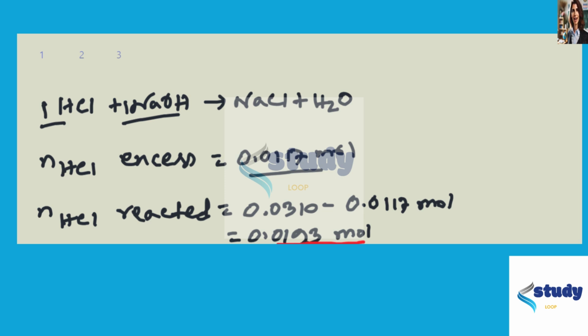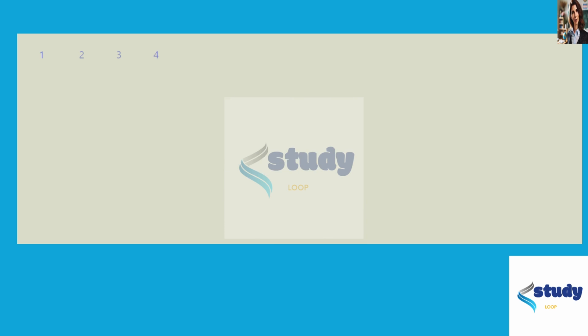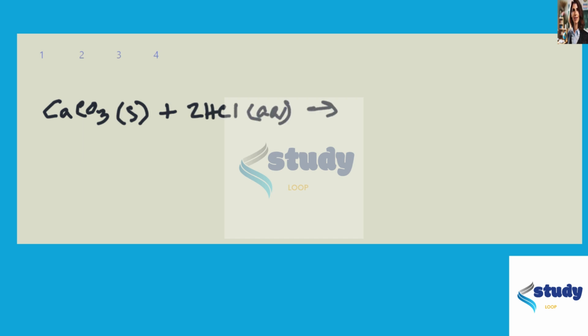Now we will write down the balanced equation between the calcium carbonate and HCl. So it will be calcium carbonate in solid form will react with 2HCl. We are directly writing the balanced equation, which will give us calcium chloride in aqueous form plus hydrogen carbonate.